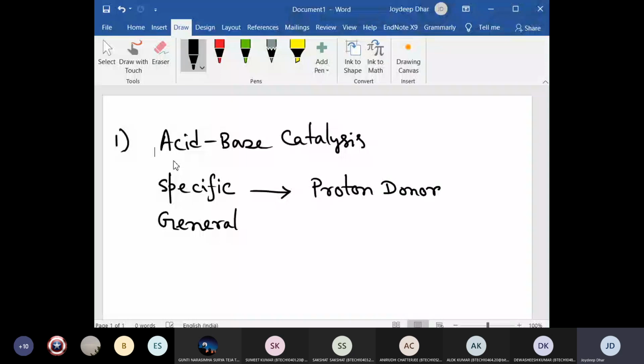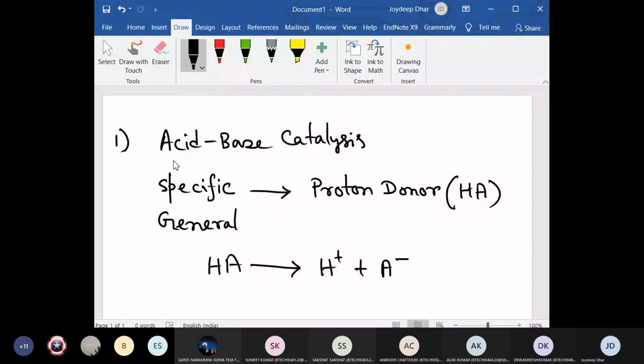Proton donor is a must. Proton donors, in general, I can write as HA. HA is an acid. What type of acid is that? If it is a proton donor, if you remember, it is called a Bronsted acid.